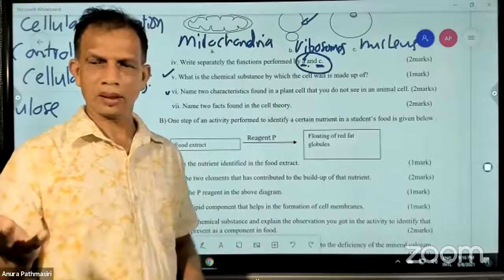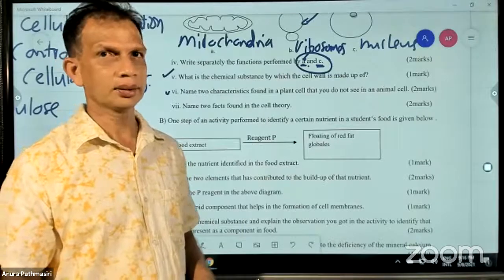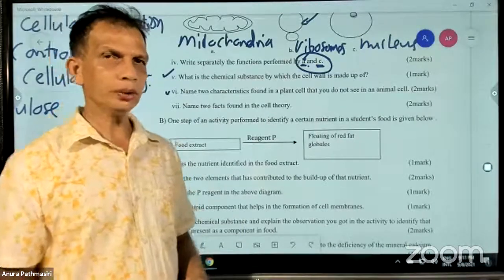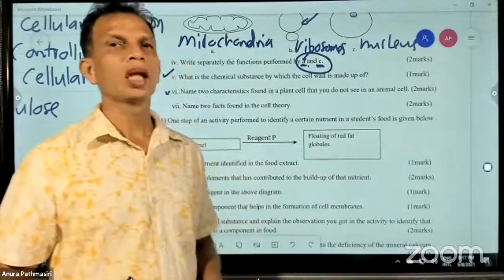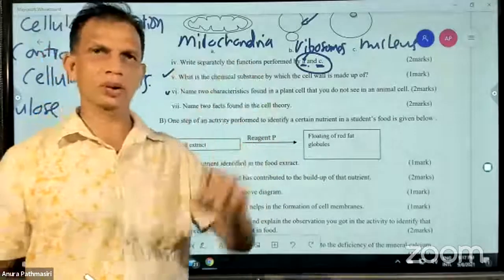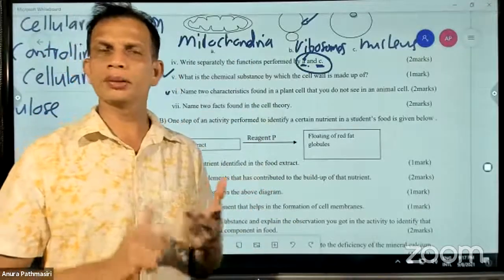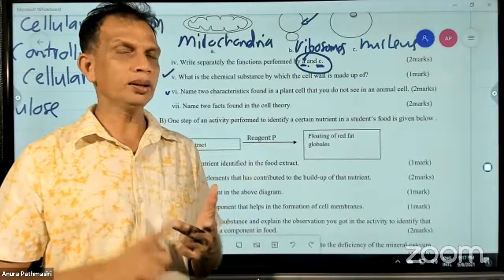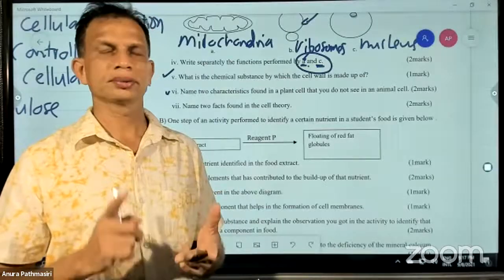Cell wall. Availability of cell wall and the chloroplast. Chloroplast or chlorophyll? Chloroplast. Yeah, chlorophyll is inside the chloroplast, so you can say chloroplast. Availability of chloroplast, availability of the cell wall and large vacuole.